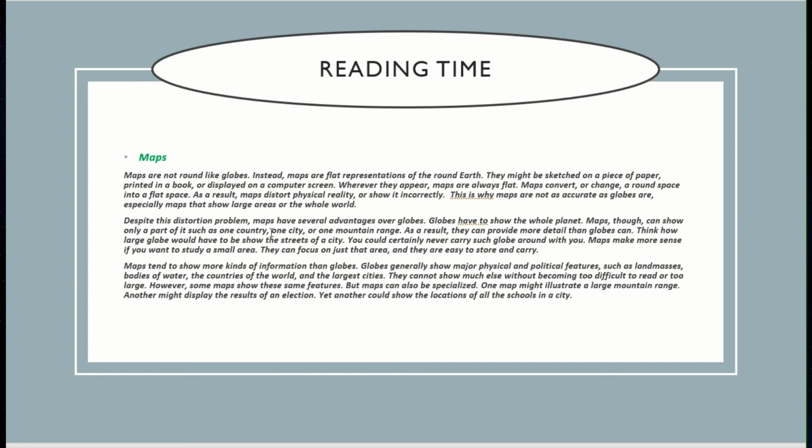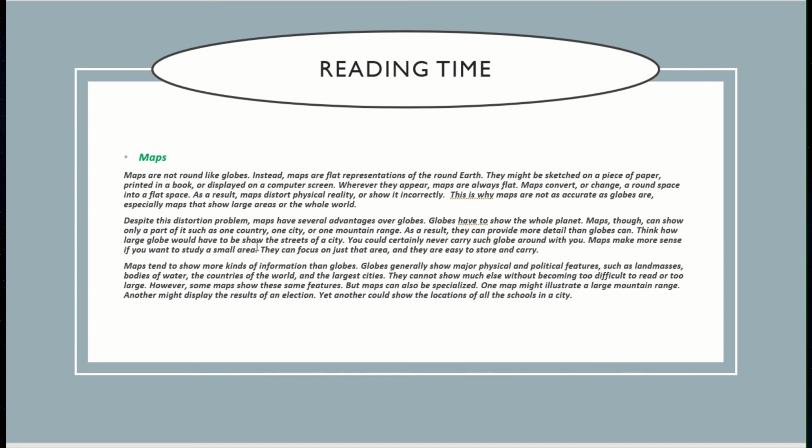That's why each country and city has individual maps, but for a globe we cannot create one for each and every city. As a result, maps can provide more detail than globes. So we can get more information through maps, whether correct or incorrect. If you compare, the map is showing some incorrect information.